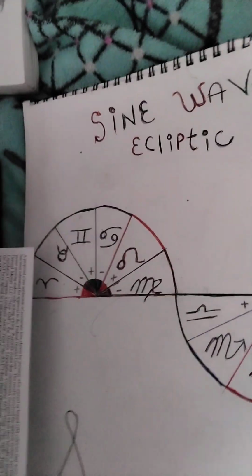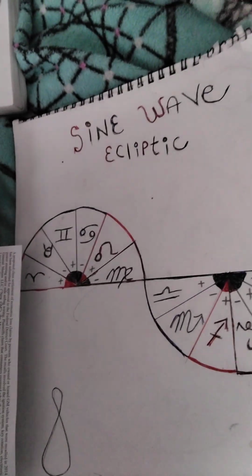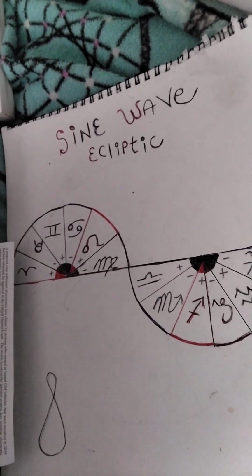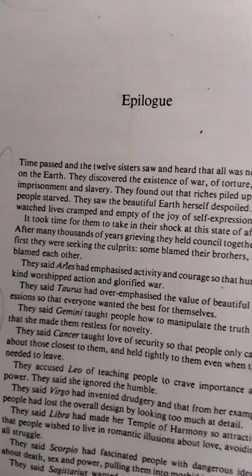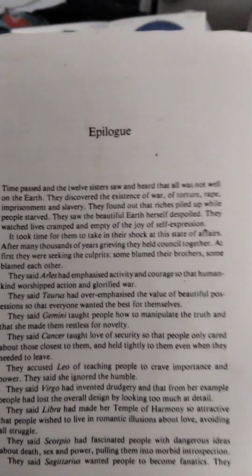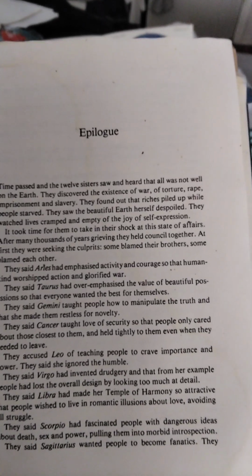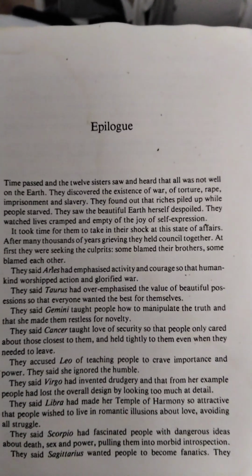So I'm going to read the epilogue today. Basically, after thousands of years passed, the world was ruined because the negative parts of the zodiac signs were projected by humans. Let me get to the epilogue, okay? So time passed, and the 12 sisters saw and heard that all was not well on earth. They discovered the existence of war, torture, rape, imprisonment, and slavery.